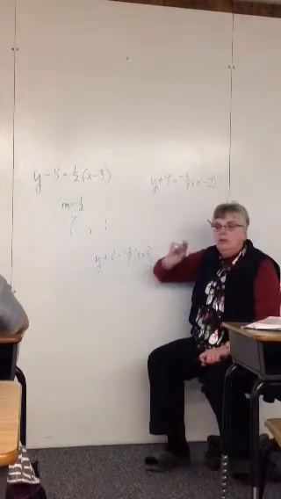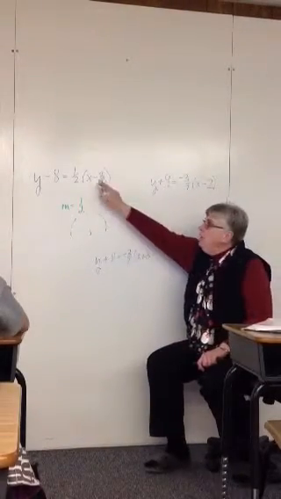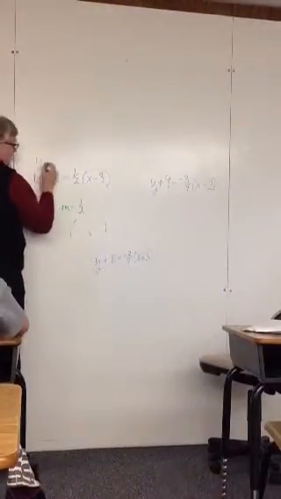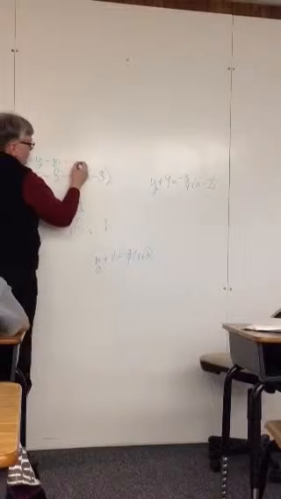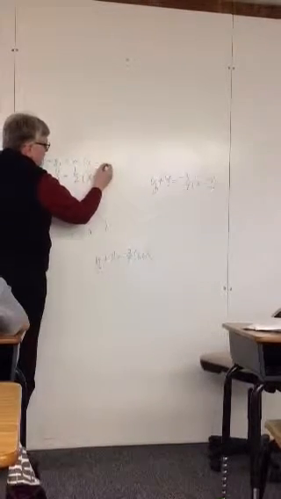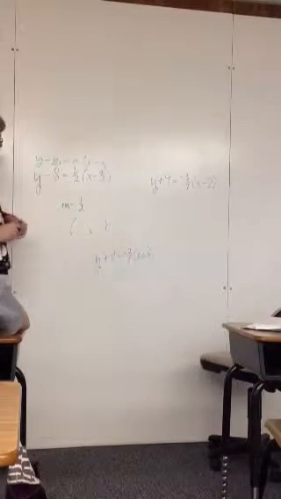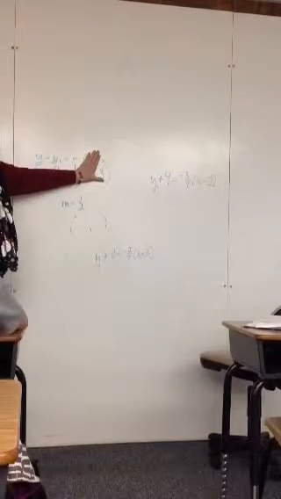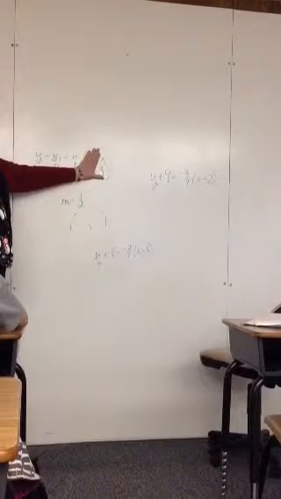No, it's (3, 8). Okay, see, the negative is part of the formula. If you look at the formula, that's why I wanted to write it like here. If these two pieces right here are exactly the same, that tells me that x1 is 3.